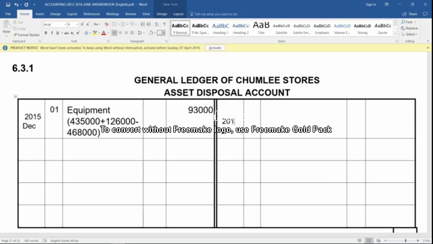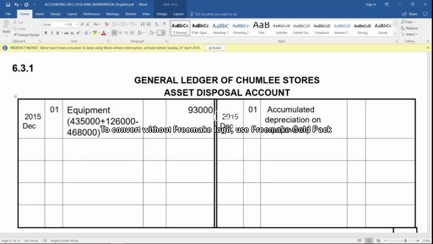We know this is on 2015, December the 1st. Why do we credit it? Because accumulated depreciation, we know, is a negative asset. It has a credit balance. So to get rid of it, we will have to debit accumulated depreciation and therefore credit our asset disposal account. The contra entry being accumulated depreciation on equipment.